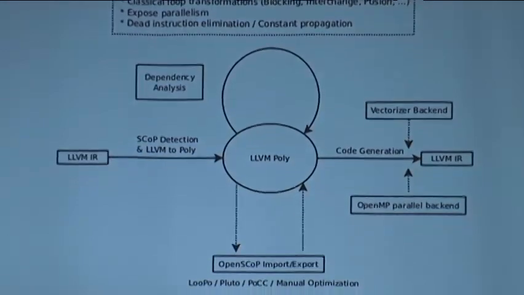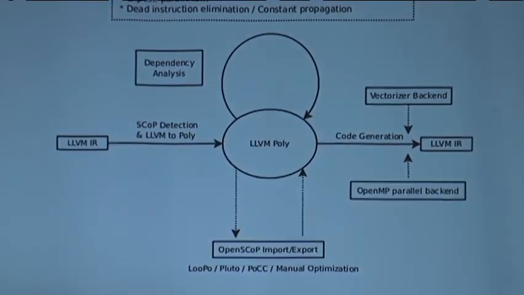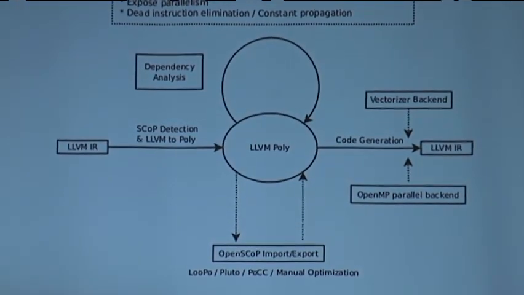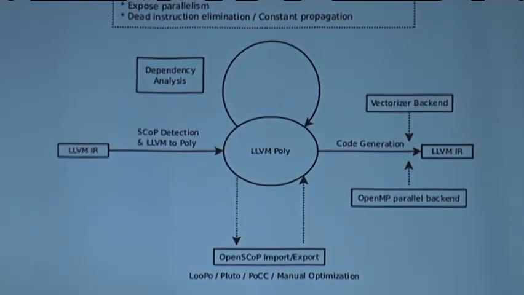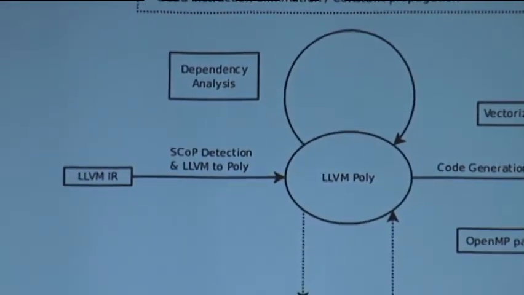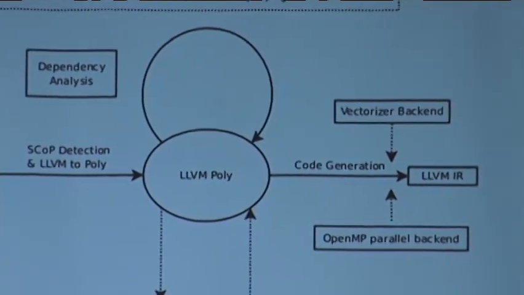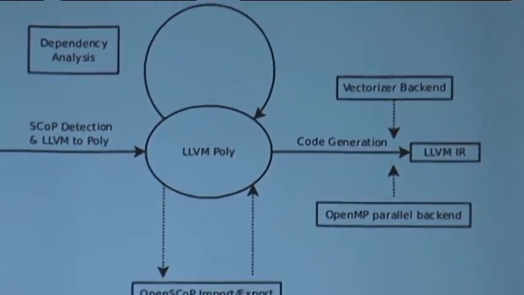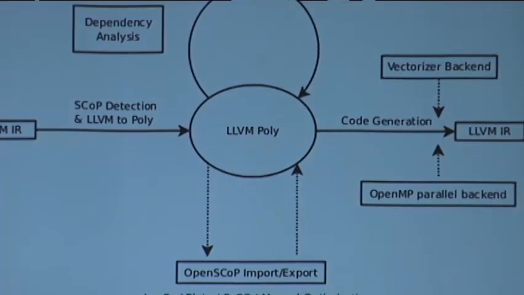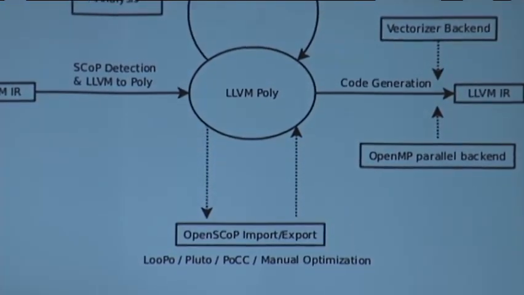But if we have a little more time, we can take a break in the middle and start optimizing that polyhedral representation, start optimizing the memory access patterns. One way to do it is to just import the OpenSCOP description and do it manually. But way more interesting is using one of the existing research tools and making Pluto give us the correct schedule, or a better schedule, to optimize the performance of the program.